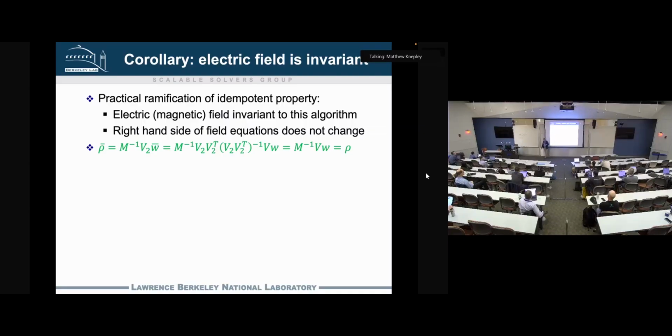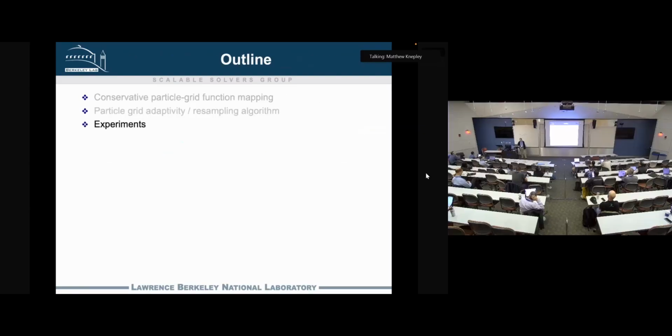Then we can expand out the W bar, and you get this expression, and again it simplifies, and on the right-hand side you get right back to rho. So you don't change the fields when you do this resampling process, which is a nice thing to not disturb the simulation or the model in that way.